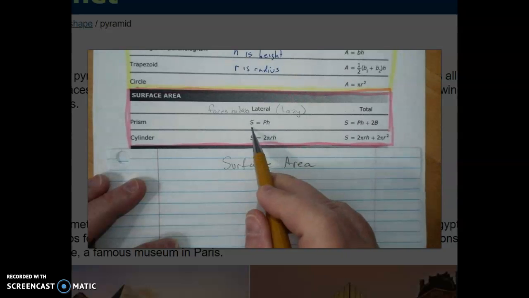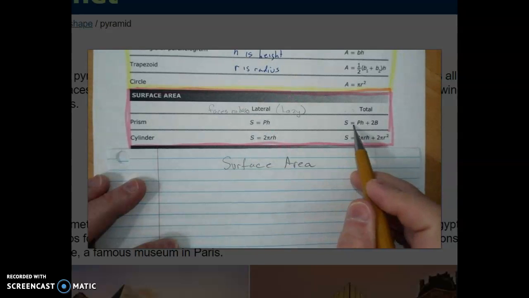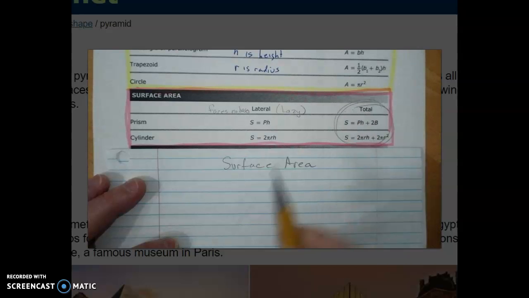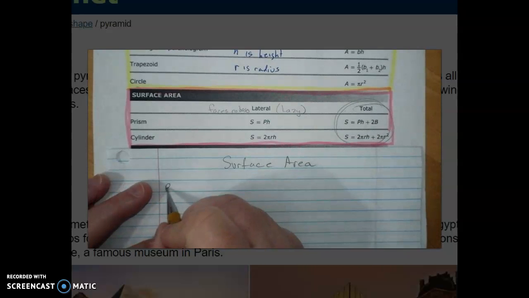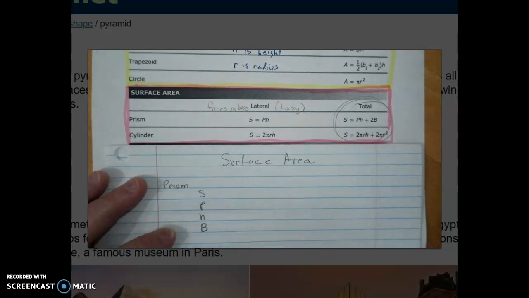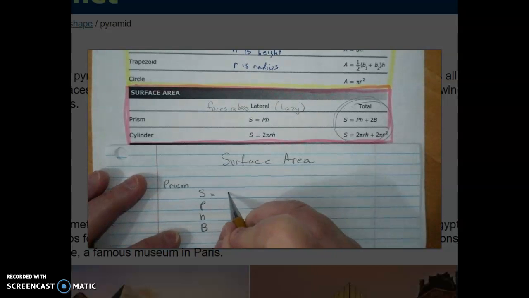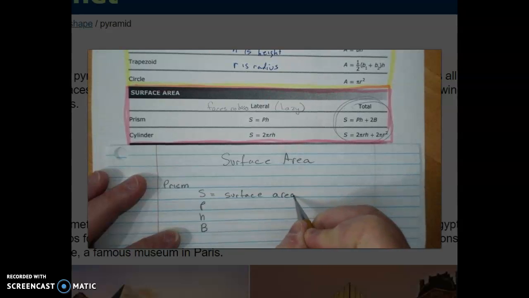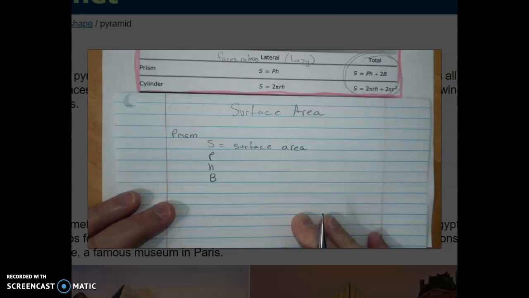So let's talk about S equals PH and S equals PH plus 2B. Let's do this one first. Okay? So on a prism, I have S, I have P, I have H, I have B. S stands for surface area. And all I'm doing is defining my variables.